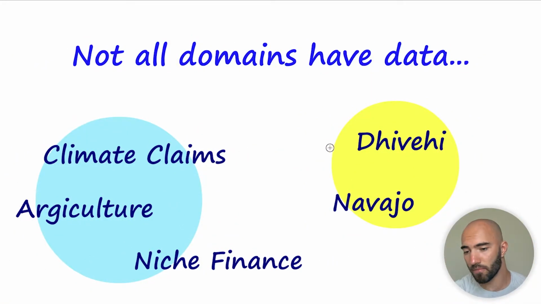Now, the thing with data is, yes, there's a lot of data out there, but is there that much data out there for what we need to train models to do? In a lot of cases, yes, there is, but it really depends on what you're doing. If you are focusing on a more niche domain, so what I have here on the left are a couple of niche domains.